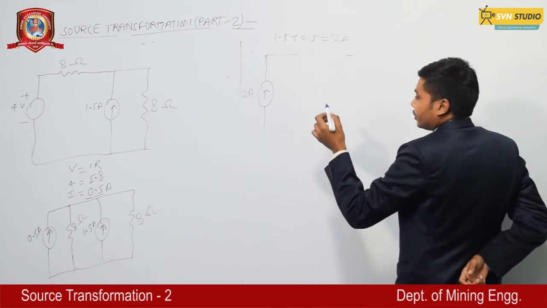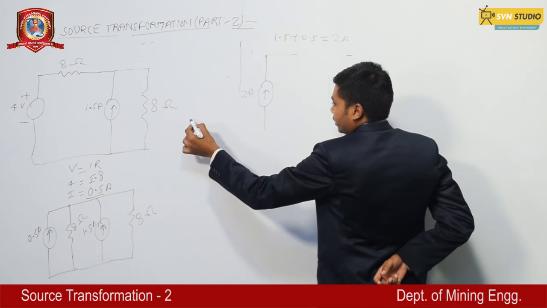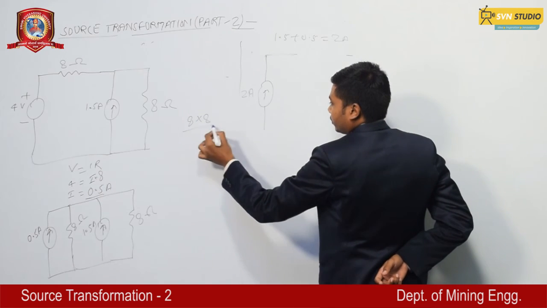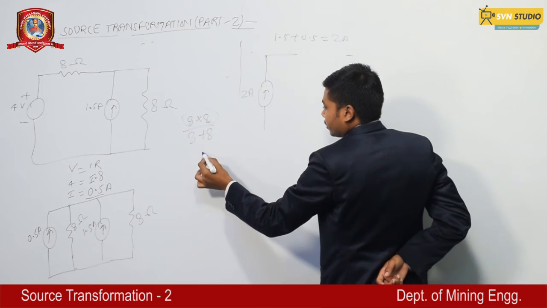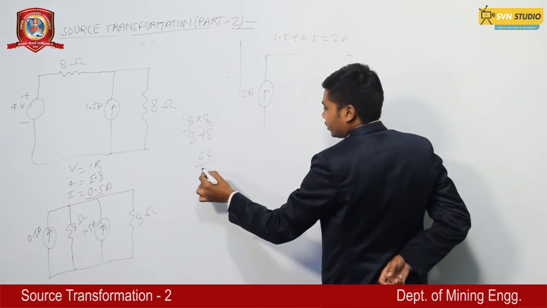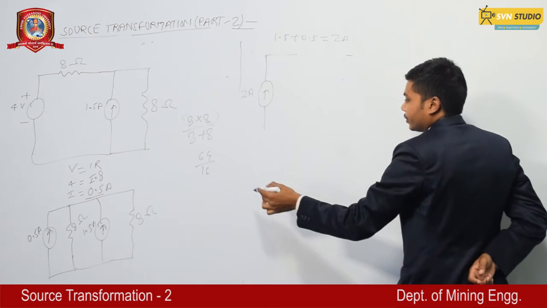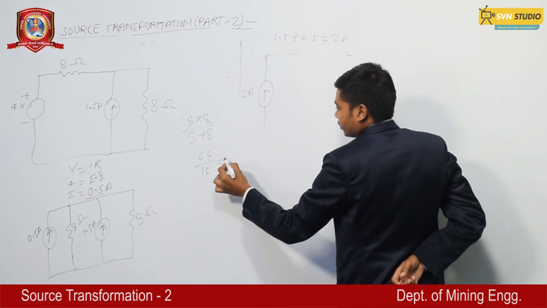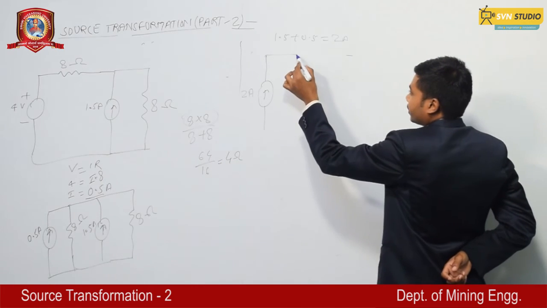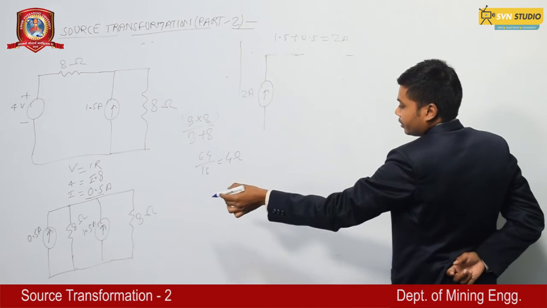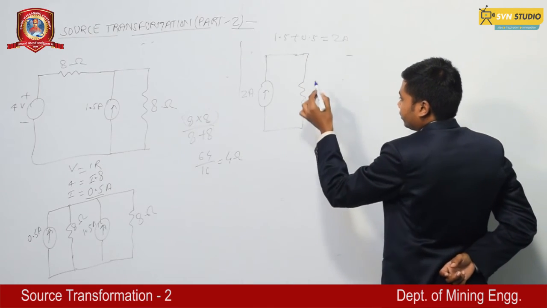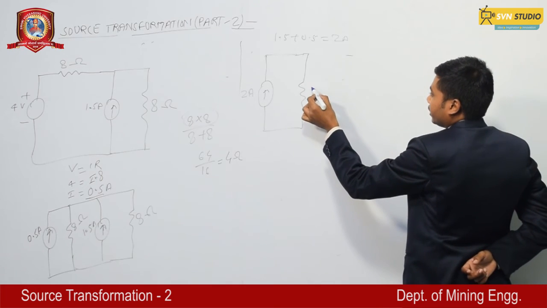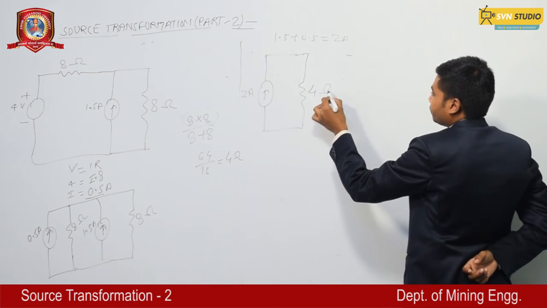So, R 1 is 8, into 8 upon 8 plus 8. So, it is 64 by 16. It is 4 ohm, and it will be connected in parallel with this current source.